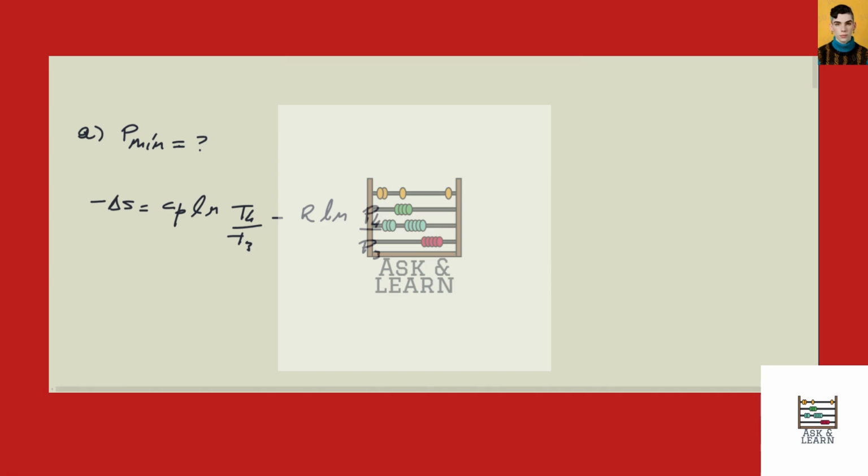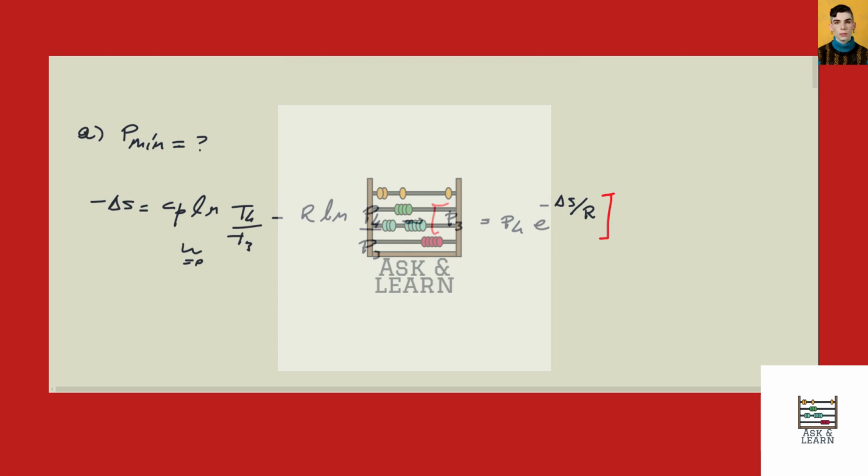Therefore, if we rearrange this, we know first of all that this is going to be equal to 0. Therefore, if we rearrange this equation, we find that P3 is going to be equal to P4 times the exponential of minus delta s, which is the change in the entropy, divided by R. Okay? We just need to use the change in the entropy.